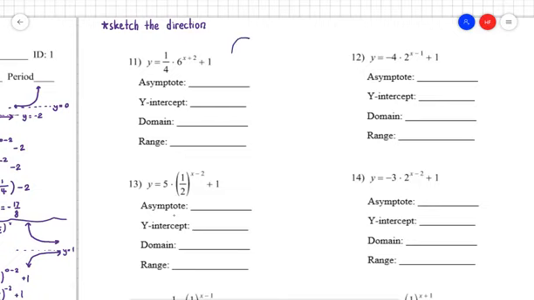Are you facing this way? Or are you facing this way? That's what I need to see. So what direction are you facing? And then I need you to fill in all the other information. And I especially need to see your work for the y-intercept.